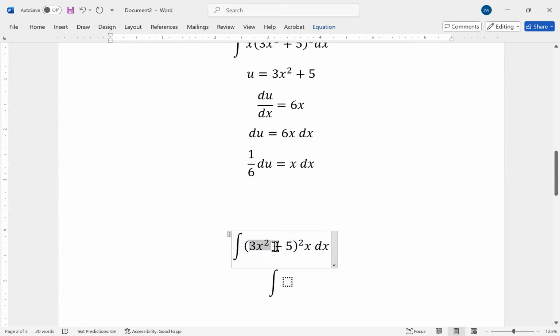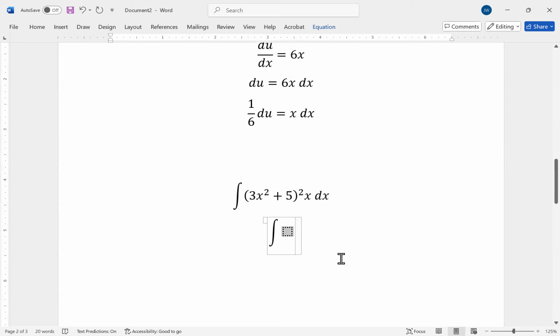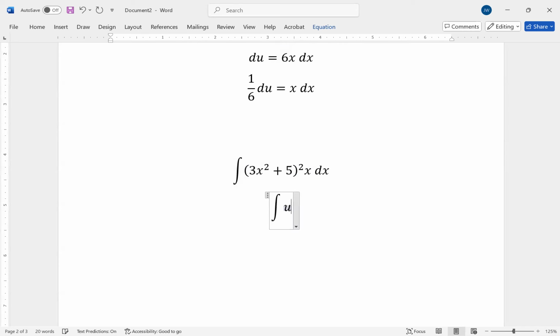So this 3x squared plus 5, that's what my u is. So when I do my substitution, I'm going to get u squared. x times dx is 1/6 du.